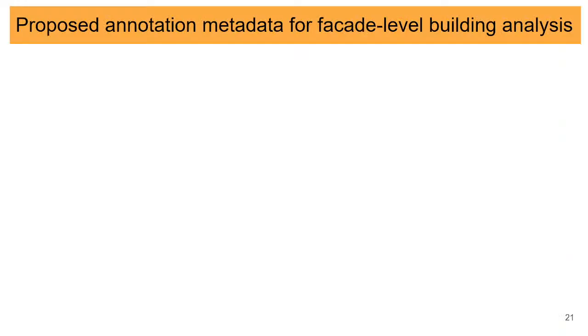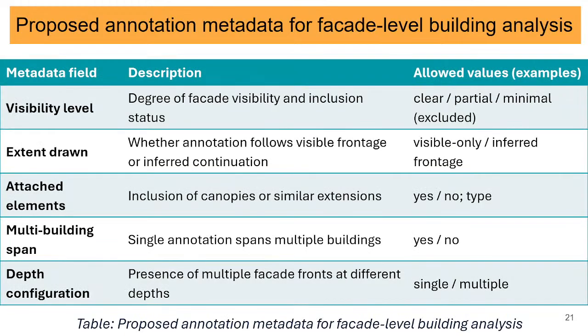Based on this analysis, we propose a metadata annotation framework so that we could record all these observations while annotating the building instances. These are some of the fields: visibility level, extent drawn, or attached elements, which could record the basis used by the annotator while deciding the bounding box of any building facade.